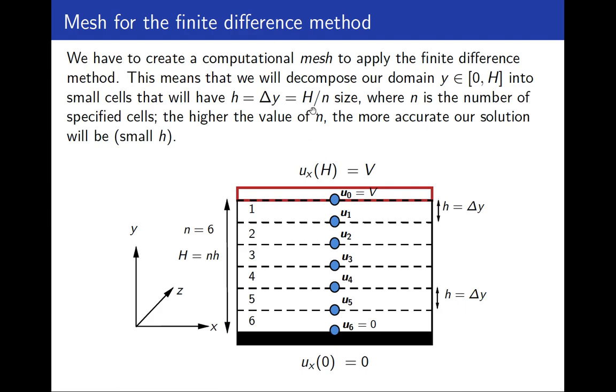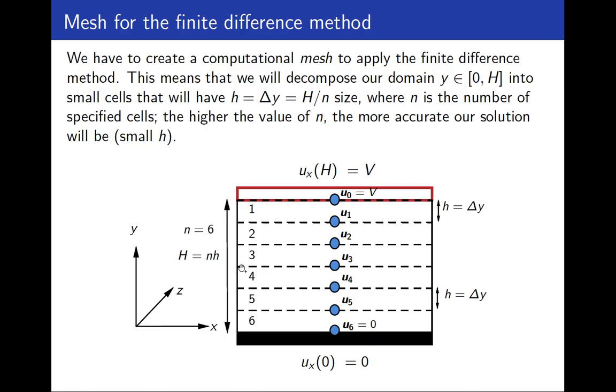That means that in order to apply the finite difference schemes, we have to decompose our domain, which is this channel, which has a height equal to H. The coordinate y is within the interval 0 to H, and we have to decompose this domain into smaller cells that will have a size equal to h, which is defined as the total height divided by n, where n is the number of specified cells.